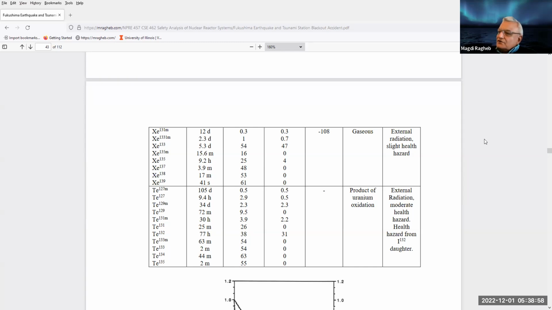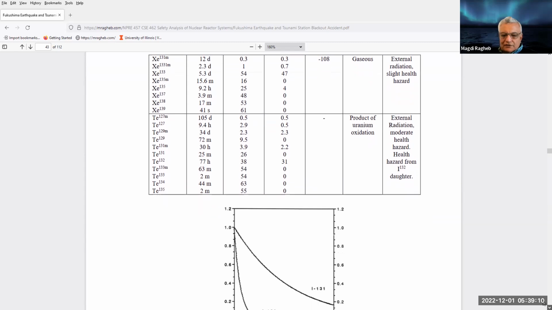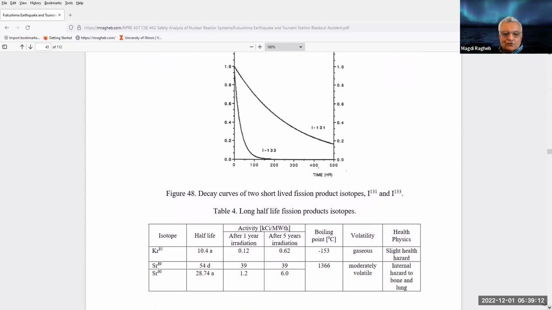And if it goes and concentrates there, it prevents the radioactive iodine from getting to the thyroid gland. And in that case, we don't get the cancers or what they call thyroid nodules in the thyroid gland. The two main isotopes in that case, short term, are iodine-131 and iodine-133.